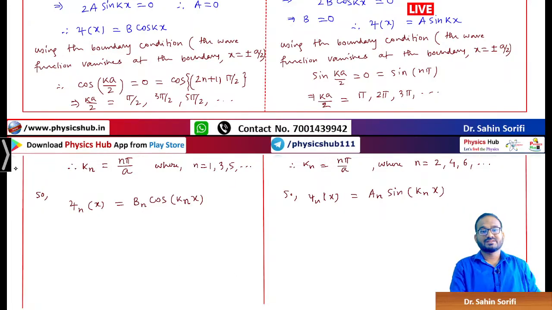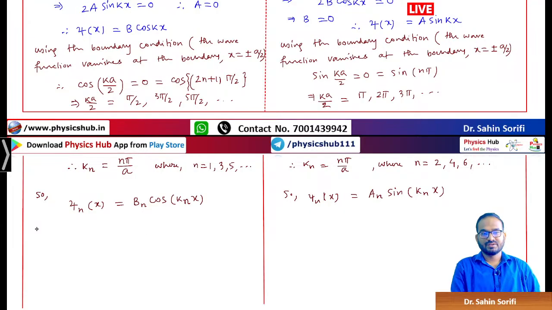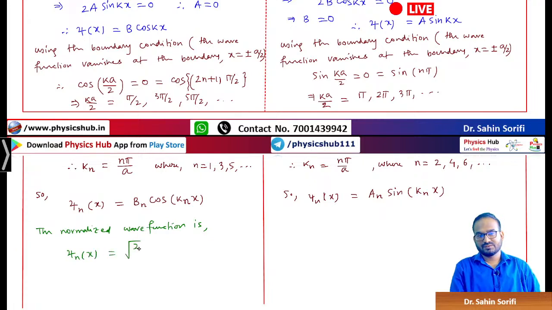Now if you normalize this wave function, on this side, normalized wave function is psi n of x, so obviously this will come out to be square root of 2 by a, okay, cos kn is equals to n pi, so n pi x by a.